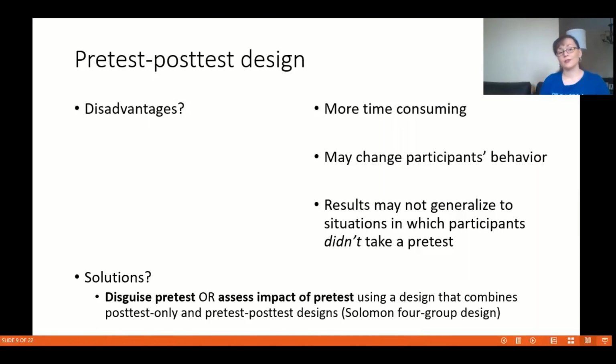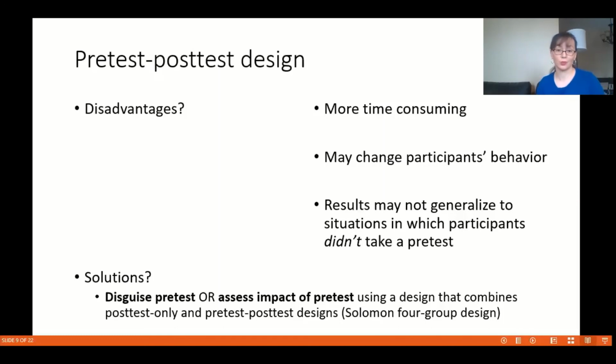In the case of our pretest post-test design, we can minimize the negative effects specifically of our pretest by disguising our pretest or by assessing the impact of a pretest. There's a design specifically called a Solomon four-group design, and this combines post-test only and pretest post-test designs. We're not going to talk more specifically about this design.